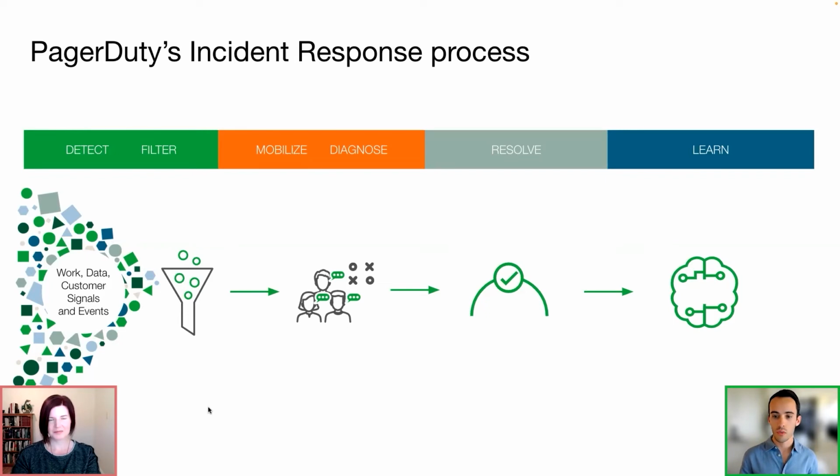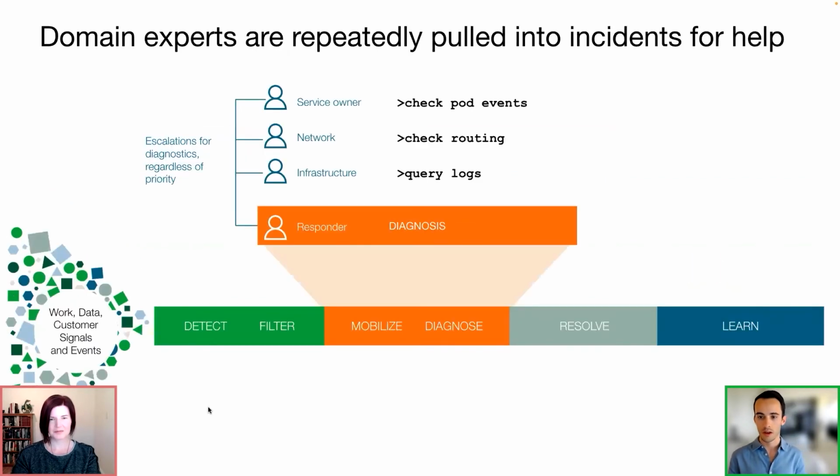Yeah, and so where we want to focus our time today in answering this question of what is automated diagnostics is tying all of this together, this notion of pulling people in and the different stages of the incident. What we have noticed is that even if PagerDuty is doing a great job of cutting out alert noise and deduplicating alerts and identifying anomalies and pulling in the people who are tied to a particular service, there's still this pattern of that first responder needing to rely on other people.